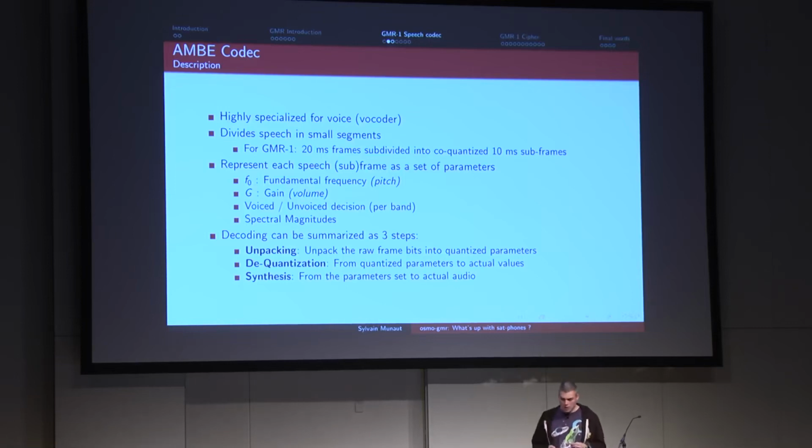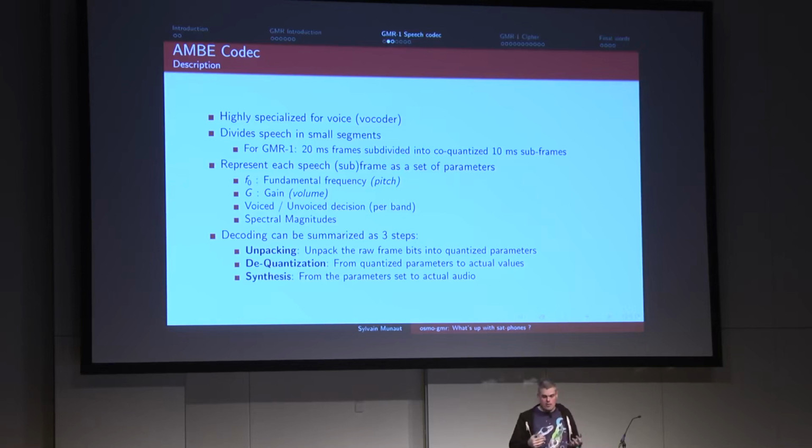So that's the unpacking step. The second one is dequantization, going from those quantized, compressed parameters into actual floating point or integer values, which represent the real parameters that can be used for the last step, which is synthesis.